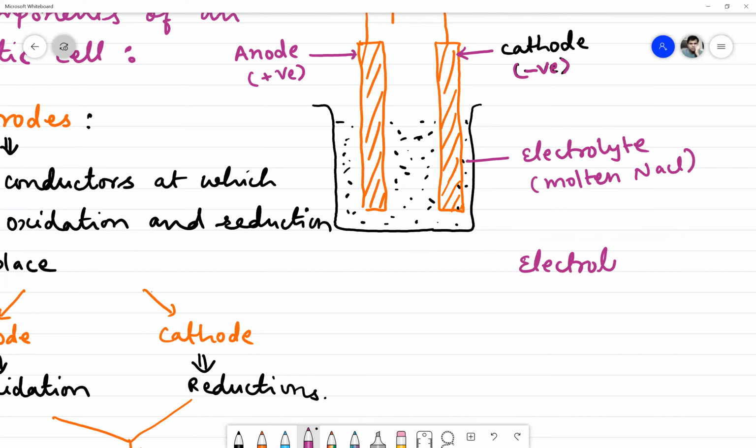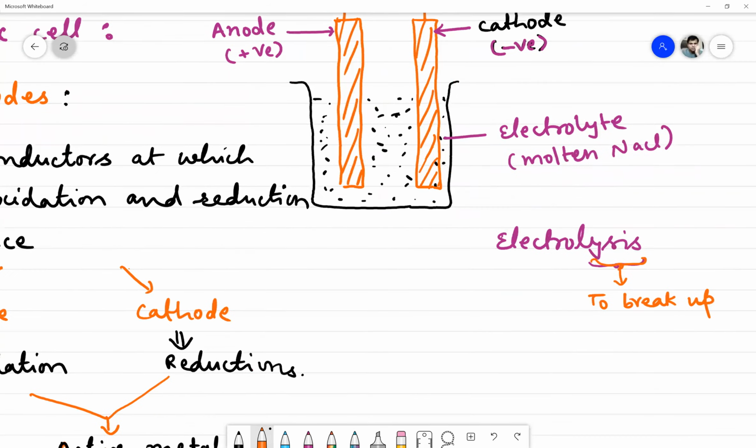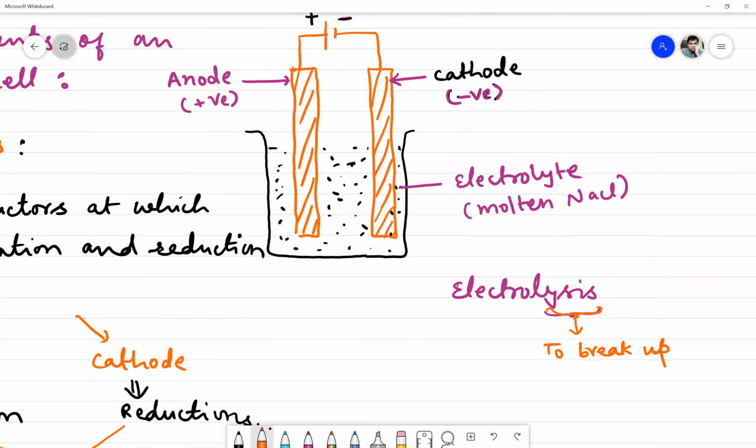Here, lysis means to break up something. So when the electricity is passed through the cell, electrolysis of molten sodium chloride takes place.